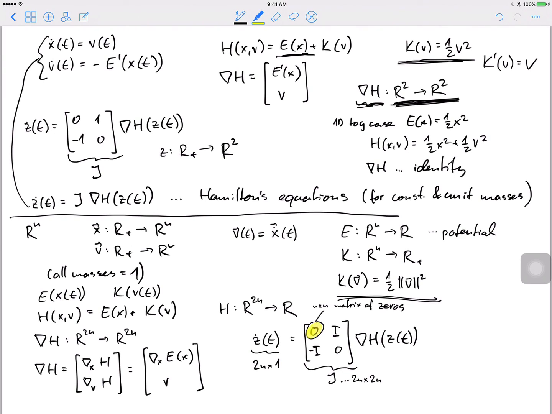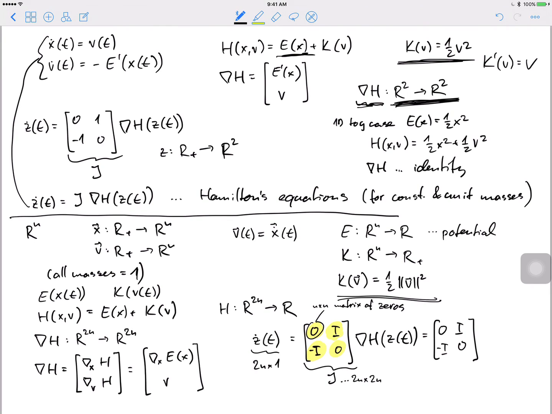This thing is the same, okay? So this is also an n by n matrix of zeros. This is also an n by n matrix, but that's the identity, so also zeros except for the ones on the diagonal, right? It's also n by n zeros except for minus ones on the diagonal, okay? And why this works is that this thing, I can also write it like 0. This is basically to make the matrix-vector multiplication work, right?